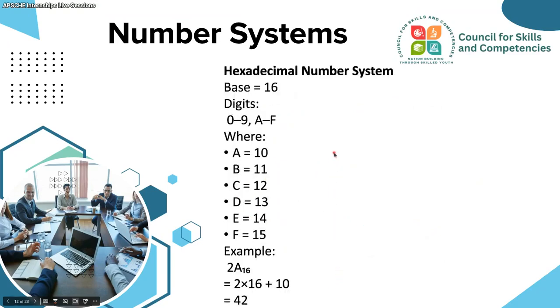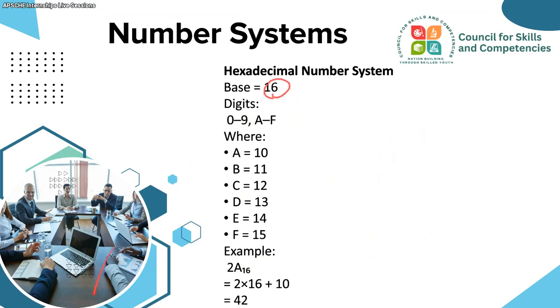If you go for hexadecimal, here comes the new stuff. We have 0 to 9, but for 10, 11, 12, 13, 14, 15 they used A, B, C, D, E, and F. Suppose you want to convert 2A. A is nothing but 10, and its place is 0, so it is 10 into 16 power 0. Why 16?